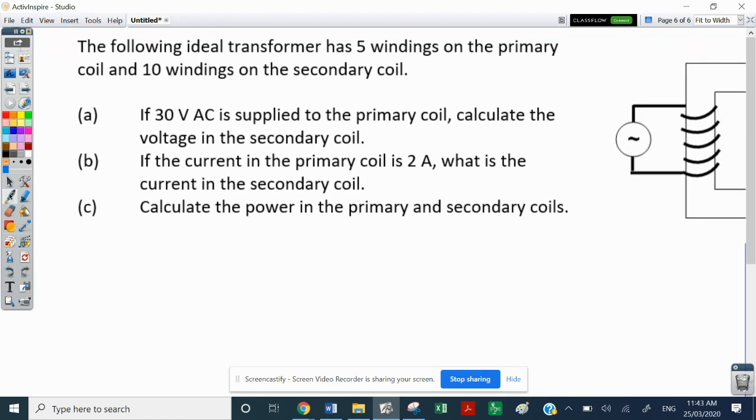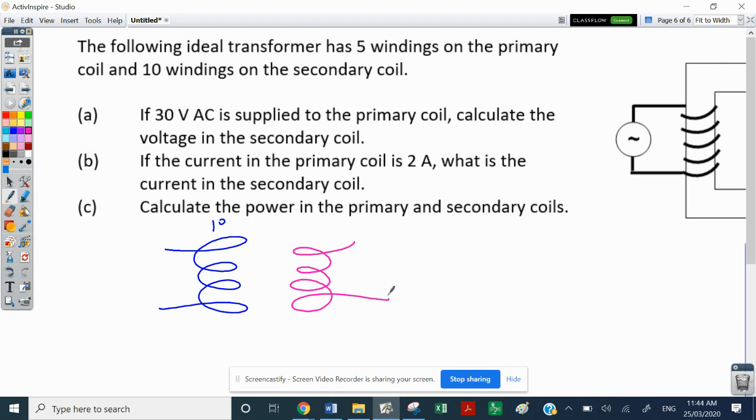I'll get you to do it in a few more moments, but we're just going to use our little diagram method rather than using any formulas. So I'm going to draw a primary coil and a secondary coil close by.